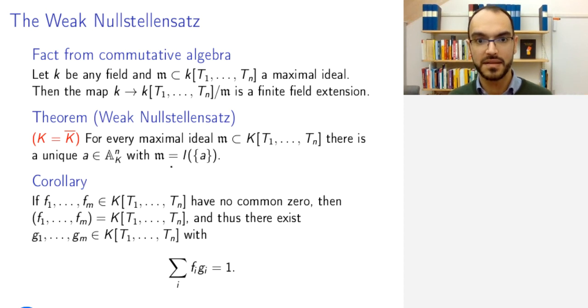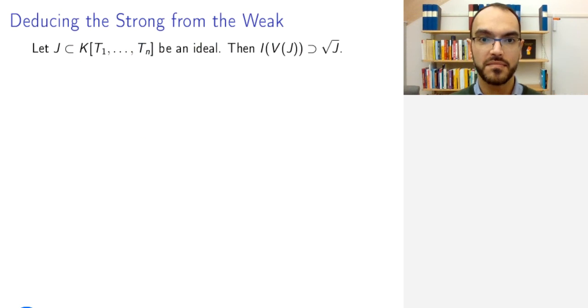But all maximal ideals consist of functions that have a zero point, so this cannot be. And since they generate the whole ring, in particular the unity of the ring is in this ideal, so there exist functions g1 to gm, so that the sum of these figi is equal to 1. Equipped with this, we can now deduce the strong Nullstellensatz from the weak Nullstellensatz.